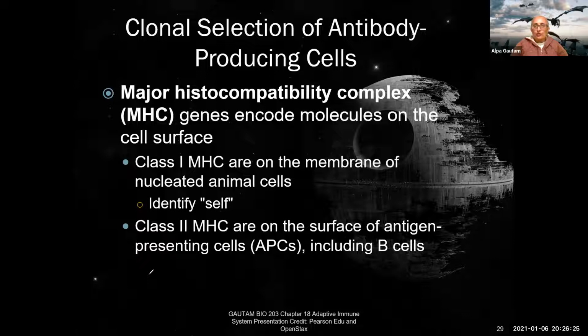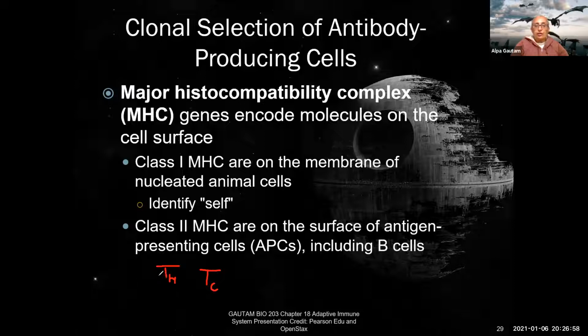When we're talking about T cells, I said that there are two types: the TH cell, the T helper, and the other is the cytotoxic T cell. These two T cells are cell-mediated immunity. T cells bind to receptors that are on either the self cell or on other immune cells.